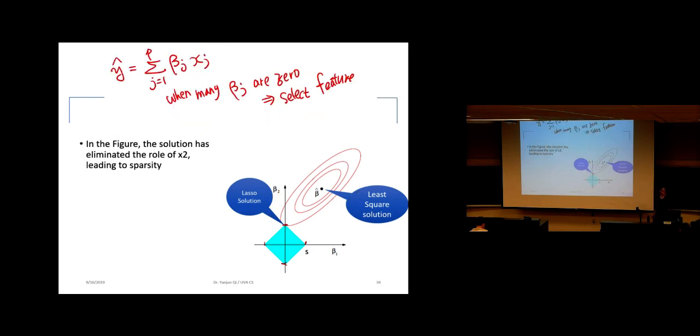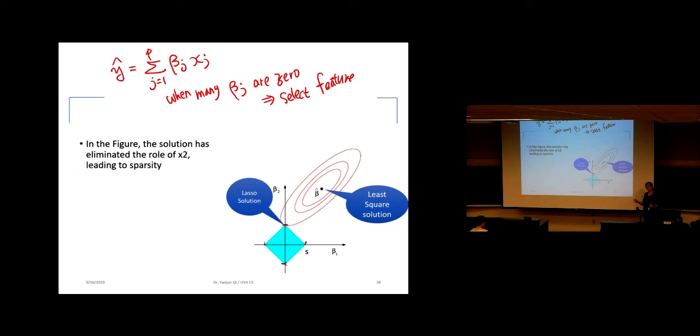So why is this good? When you have a lot of coefficients being pushed to 0, and you perform y equals x transpose beta, it's equivalent to removing a lot of features.